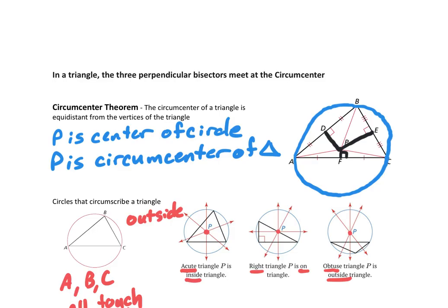The sides that are going to be congruent here are going to be these three. Okay, so what we're going to say here is BP is equal to AP is equal to CP.